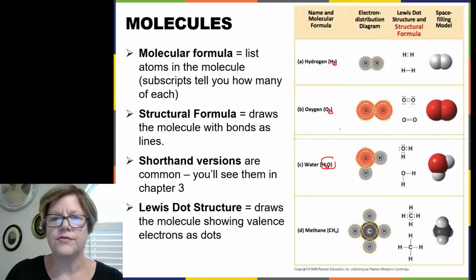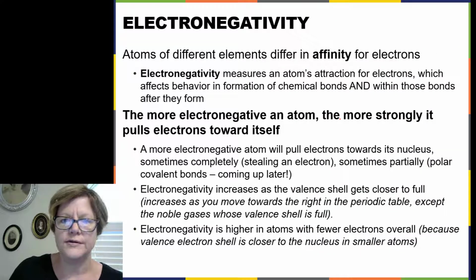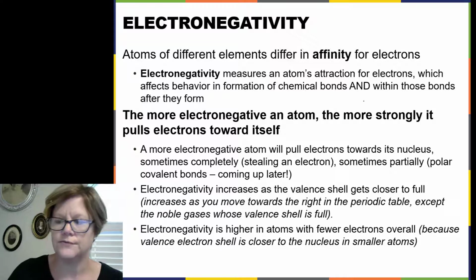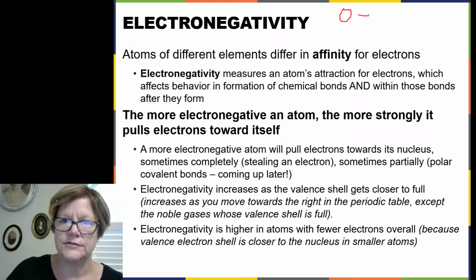So I think the most important thing you could learn at this point is a few of the rules for the 4 elements. Oxygen always wants to make 2 covalent bonds. Hydrogen wants to make 1. Each hydrogen needs to make 1.